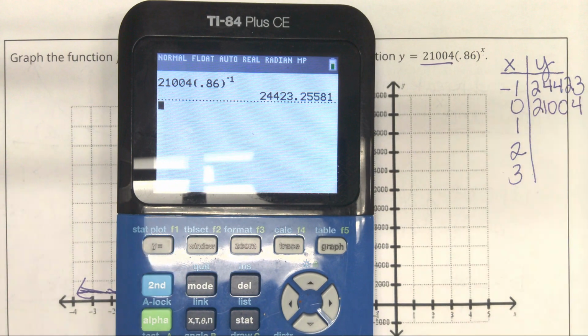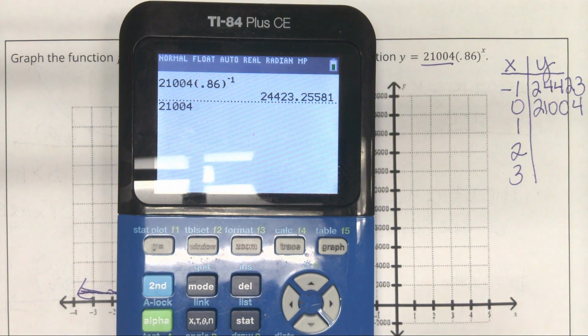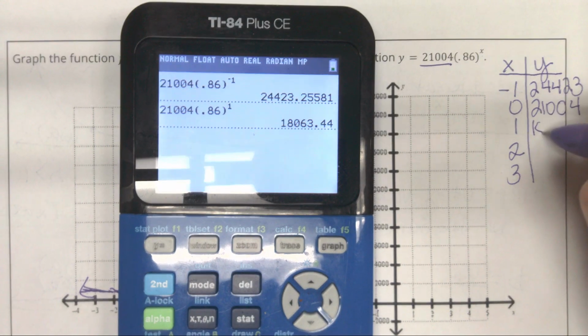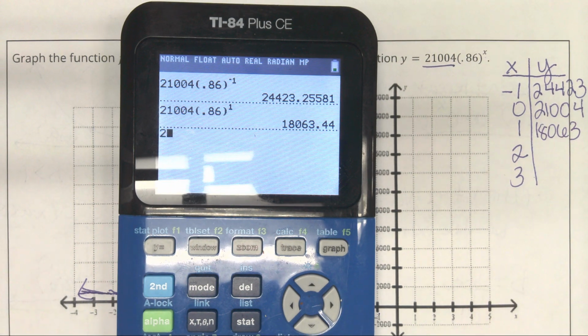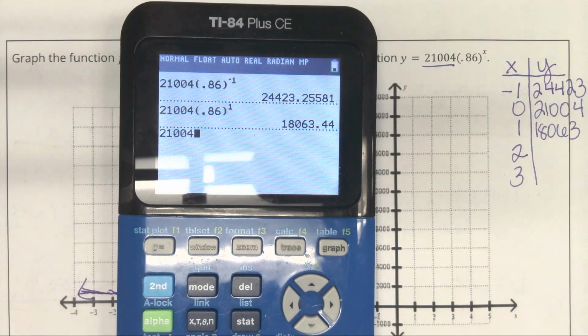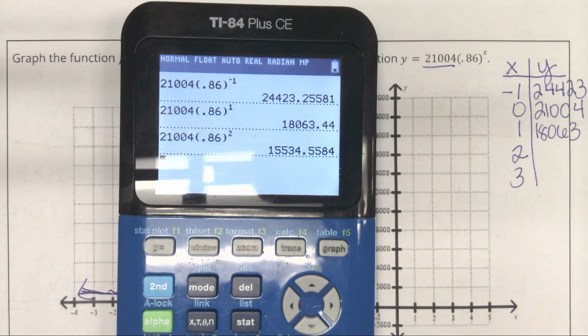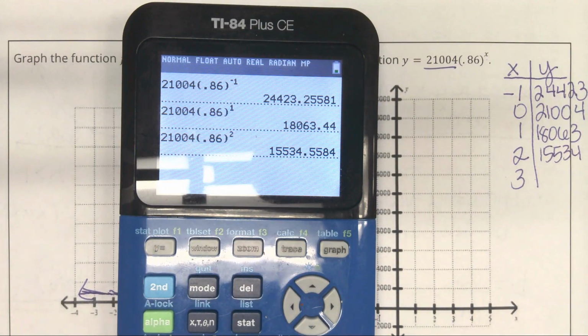All right, let's raise this to the first. I get 18,063, and let's raise it to the second. 15,534, and then to the third.